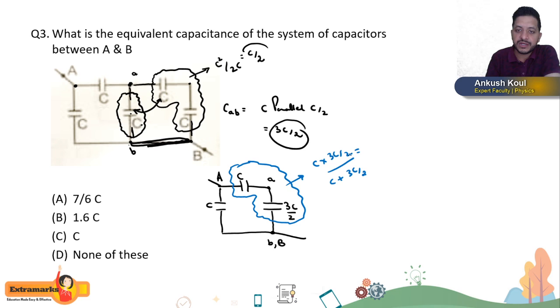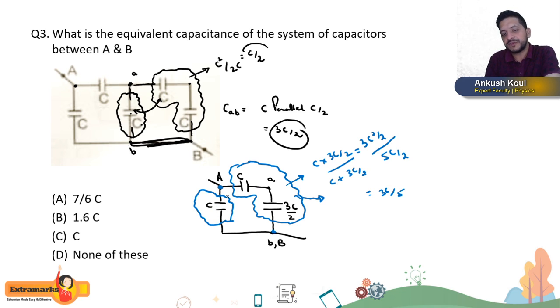So which will give us an answer of 3C square by 2 upon 5C by 2, and my answer will be 3C by 5. So this is the answer for this surface's capacitor. And then if you look at points A and B, these two surfaces, the blue surfaces, are in parallel again because this branch and this branch come in parallel to each other.